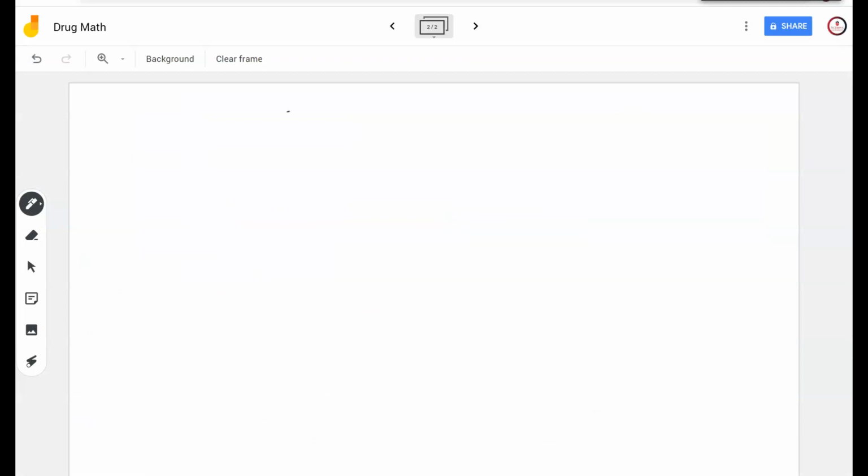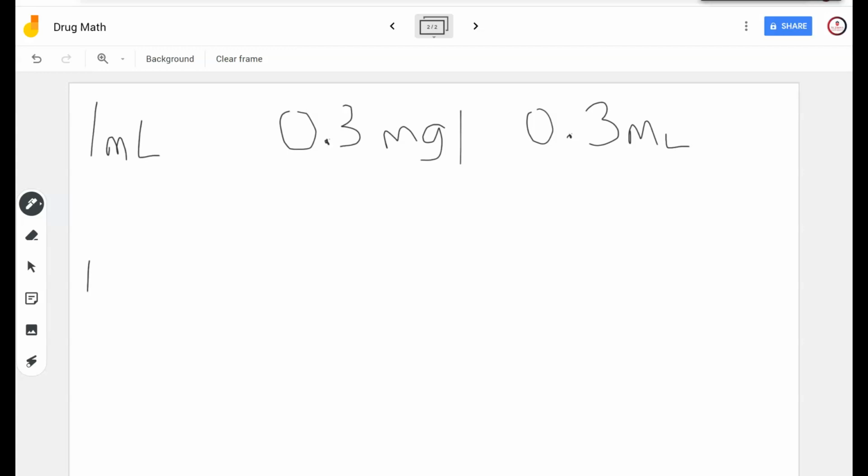If you have 0.3 milligrams, which is the same as 0.3 milliliters, that's in the 1 mL vial. In your 10 mL vial, it's the same 1 milligram of medication in both vials, but it's diluted with 10 mLs here. See how that extra 10?